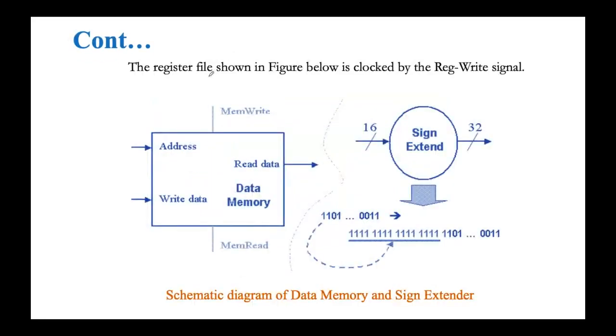So in the register file, as we just saw, when the register write signal, a control signal, is given by the processor, it takes two inputs. One is your address, another one is write, and there is one output port, which is your read port.